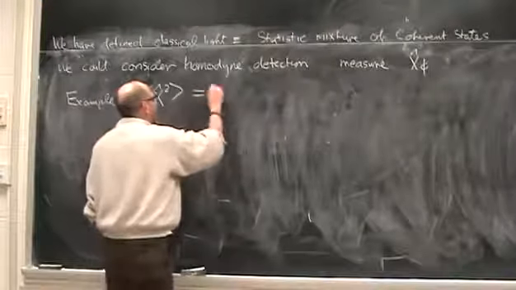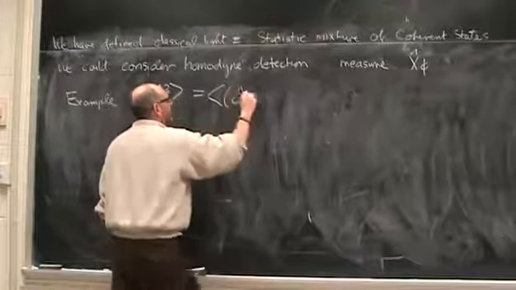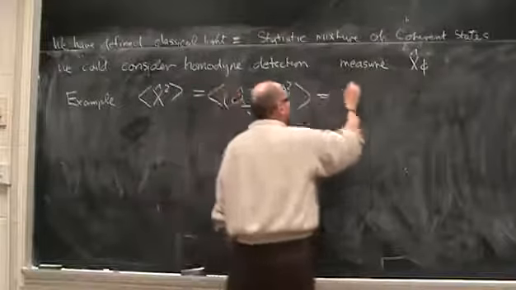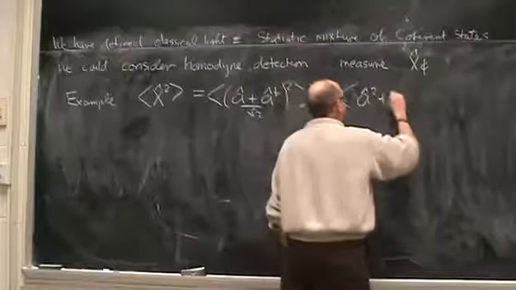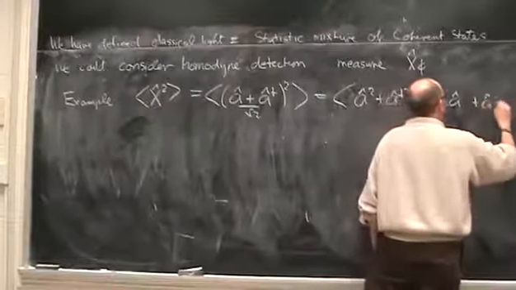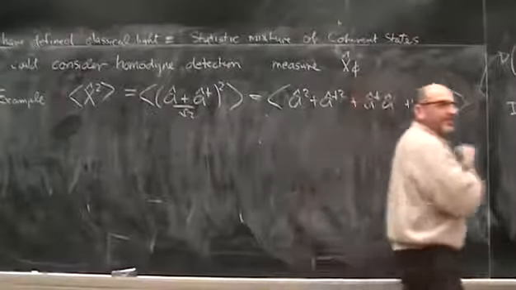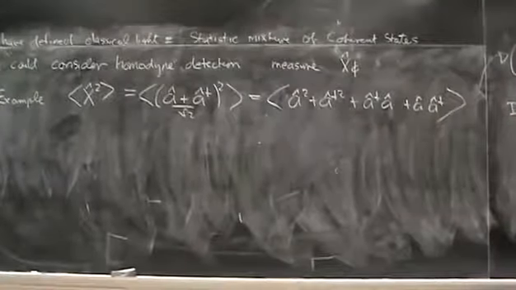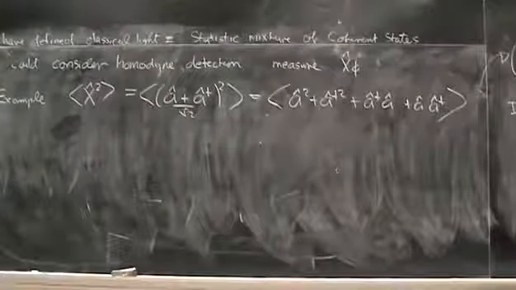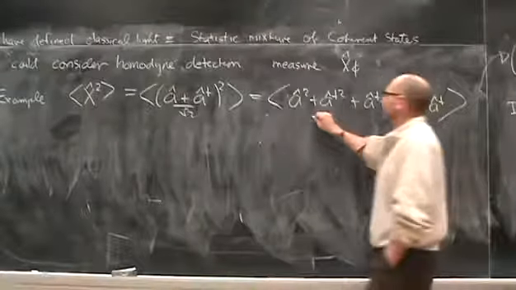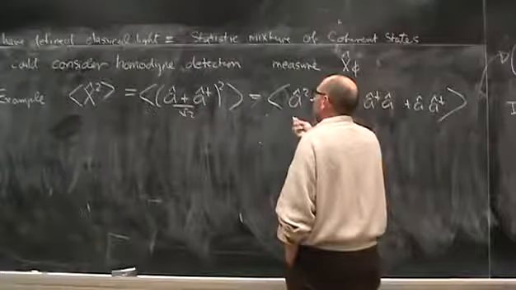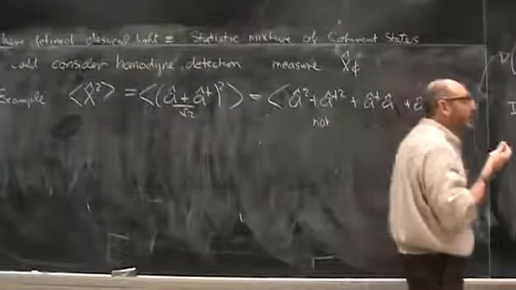Well, that is equal to (a plus a dagger over root 2) squared, which is a squared plus a dagger squared plus a dagger a plus a a dagger. So this is not a normally ordered product of a and a dagger. It's a symmetrically ordered product. So measuring quadratures isn't the same thing as measuring photon counts.